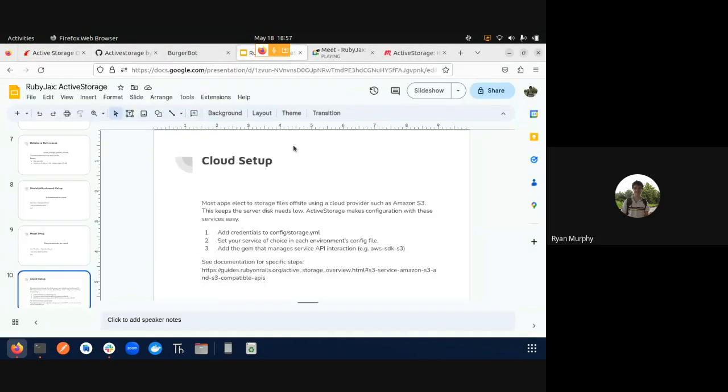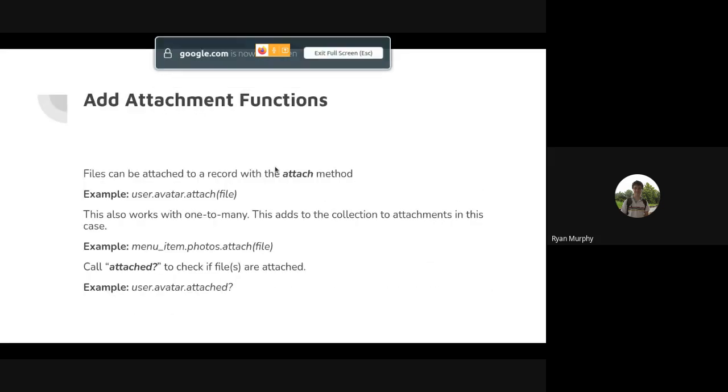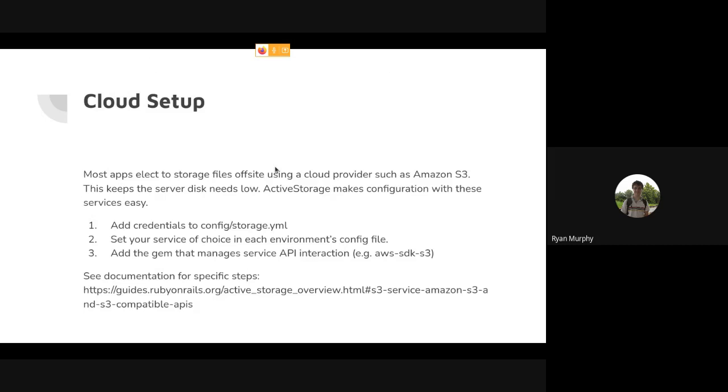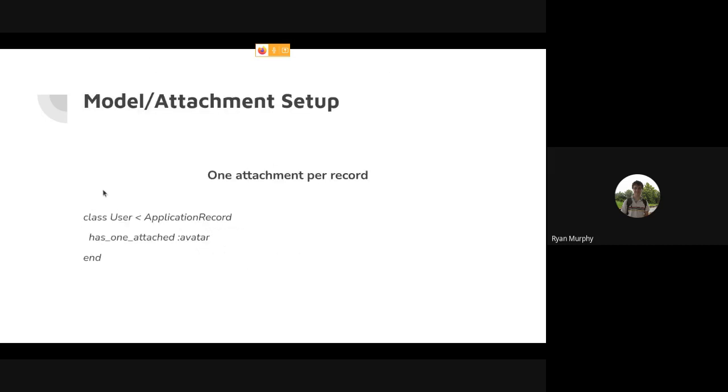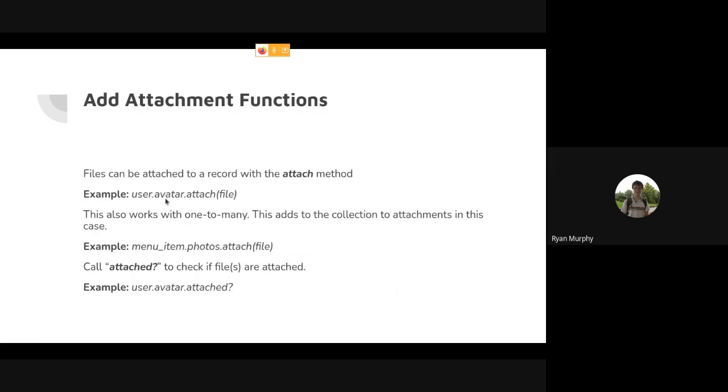Okay, go back to my slides. So, actually adding an attachment. A few slides ago, I showed you a user model has one attached avatar. So these functions here, attach.